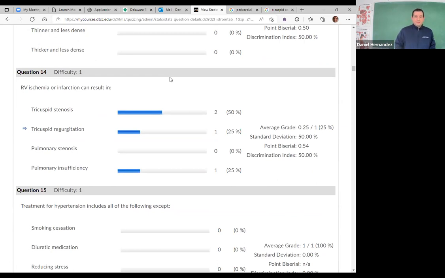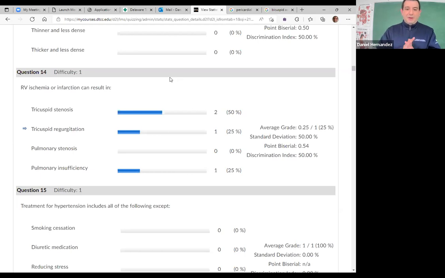RV ischemia or infarct can result in. Think of this along the same lines as if the patient had an LV infarct. With LV infarct, we would worry about the potential for mitral regurgitation. The same thing holds true with the right side of the heart.